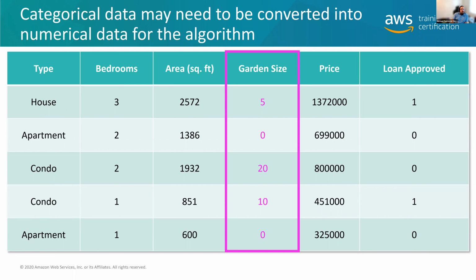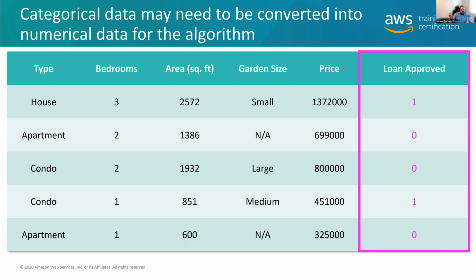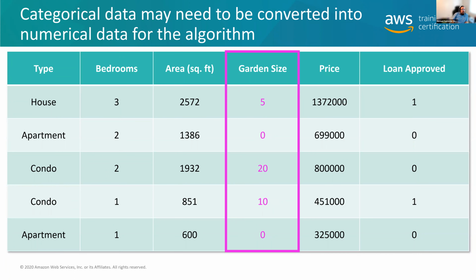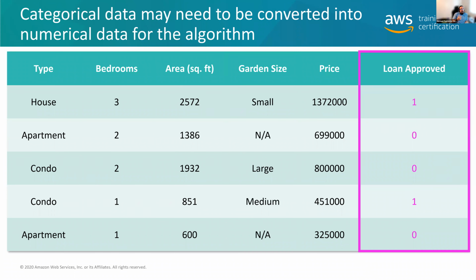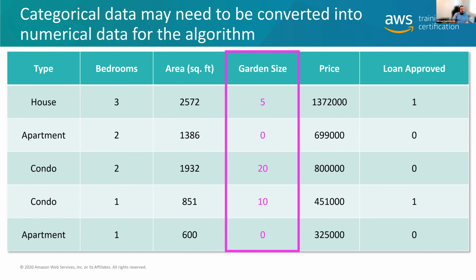Now, what happens here is that, depending on what small, large, medium, and not applicable actually mean in terms of sizes, like the ranges, for example, is a medium actually double the size of a small, or is it just an incremental increase? Is a large double the size of a medium, or is it just an incremental increase? For example, here, what they're saying basically is that a small is a 5, a medium is a 10, and a large is 20. So they literally are saying that a medium is double the garden size of a small, and that a large is double the size of a medium.